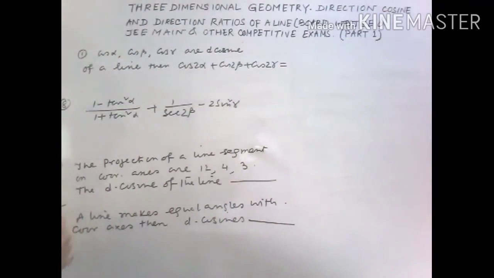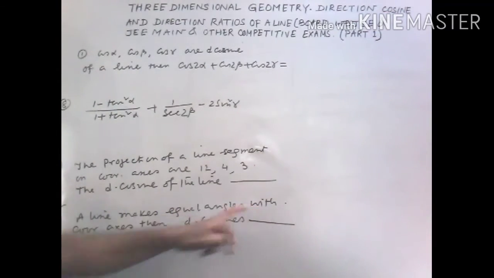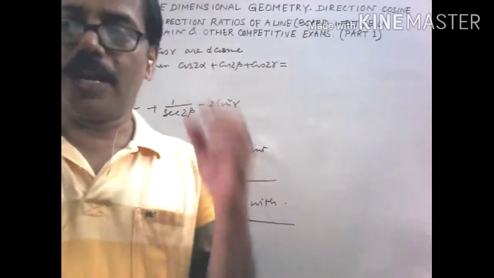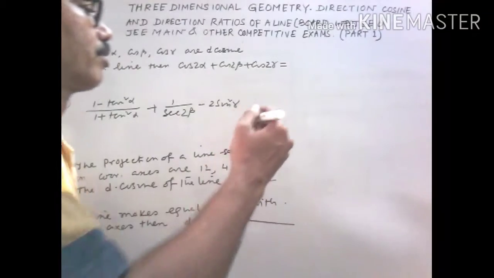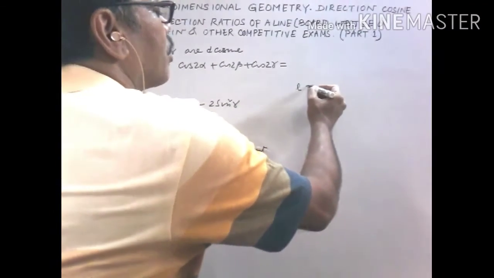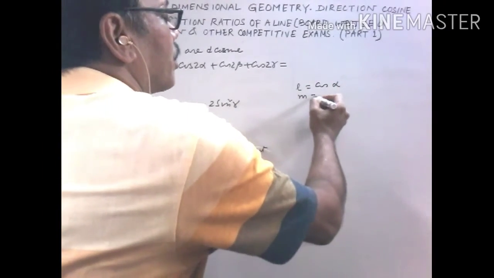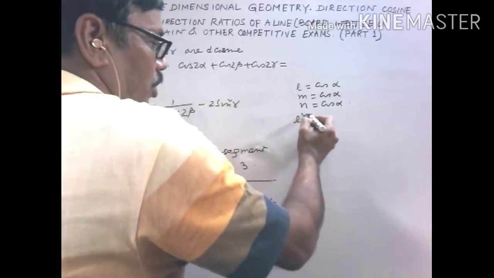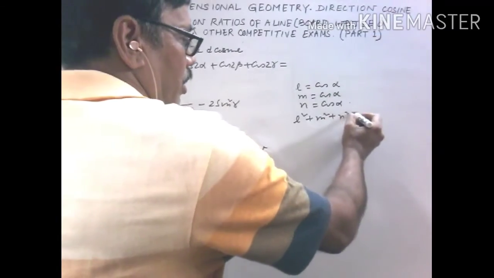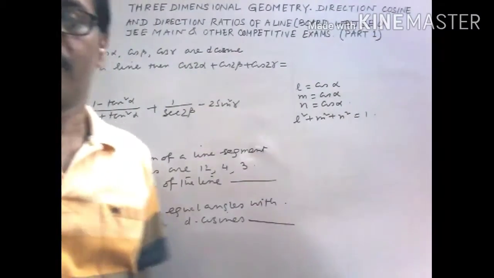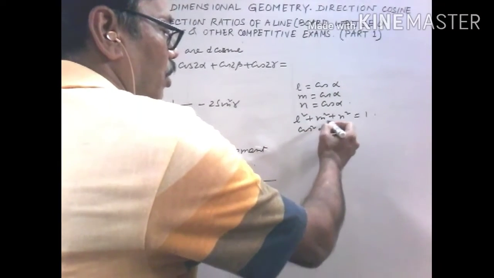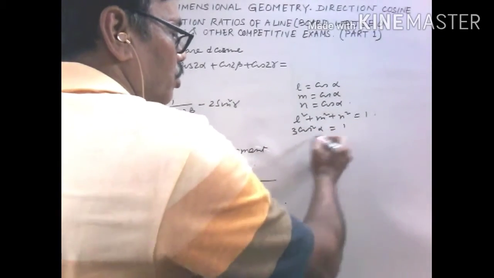Problem number 13. A line makes equal angles with the coordinate axes. Find the direction cosines of the line. So L equals cos alpha, M equals cos alpha, N equals cos alpha. L square plus M square plus N square equals 1, so 3 cos square alpha equals 1.